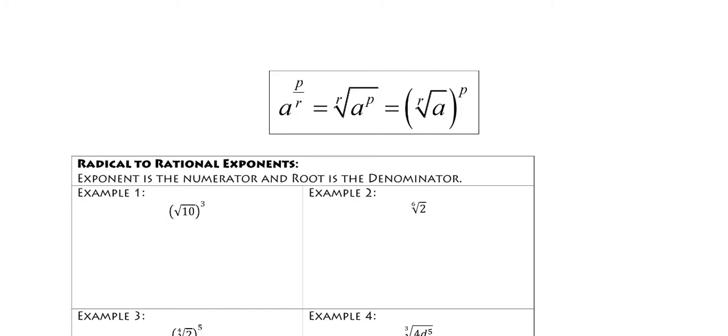This box is what you should have on yours. And this right here is the rational exponent form. And these two forms are radical form.